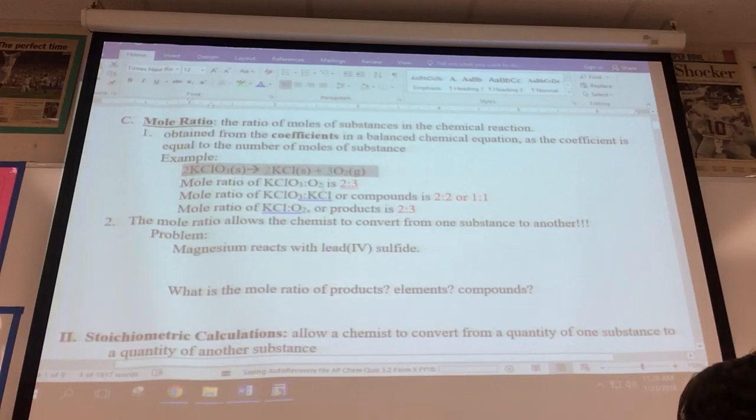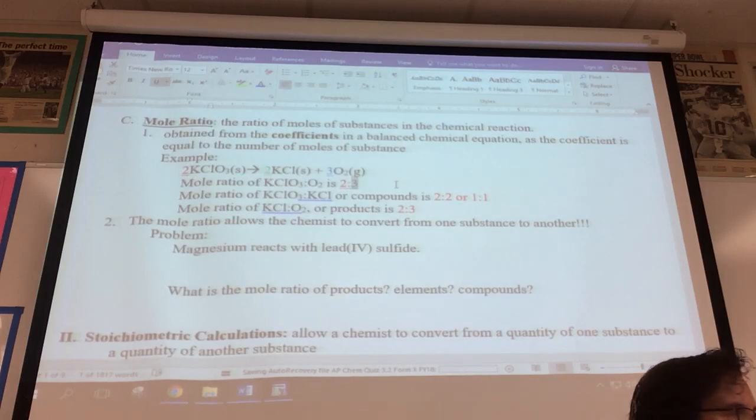First question up, I've got the answers here, but let's look at it. It says mole ratio of potassium chlorate to oxygen gas. I look at the coefficient, 2 to 3. So this is a 2 to 3 mole ratio, potassium chlorate to oxygen.